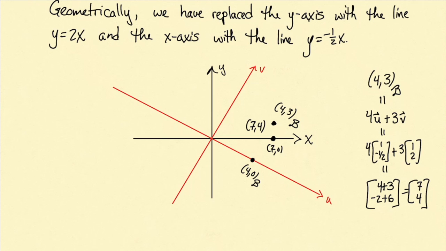In fact, we can think about this as a matrix operation. So what did we do? Well, we took the first coordinate 4 and we multiplied that by the vector u. Then we took the second coordinate 3 and we multiplied that by v. So to move from our new coordinate system back to the standard coordinate system, we simply take the matrix with columns u and v, and then multiply it on the right by the vector (4, 3).